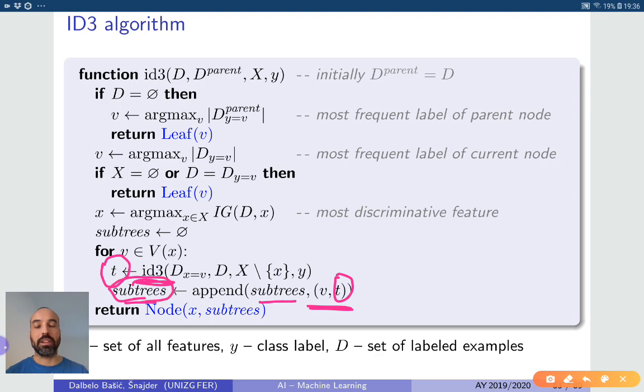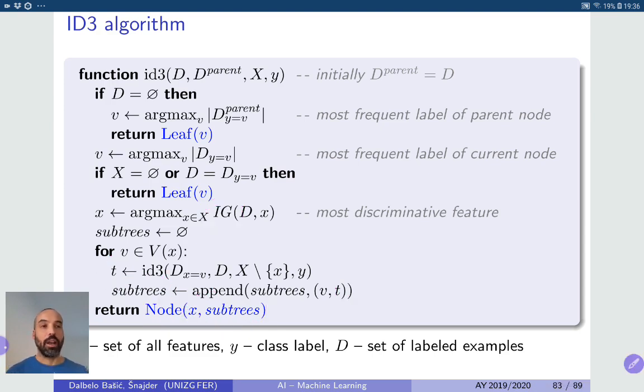So I'll end up with a set of subtrees labeled with branches that lead to them, and I'm generating a node here with the X attribute, which is the one chosen by information gain, and there's a set of subtrees with labeled branches beneath it, which again in turn will also have recursively built nodes and subtrees, and so forth, all the way down to the leaves. Okay, I hope that made sense.